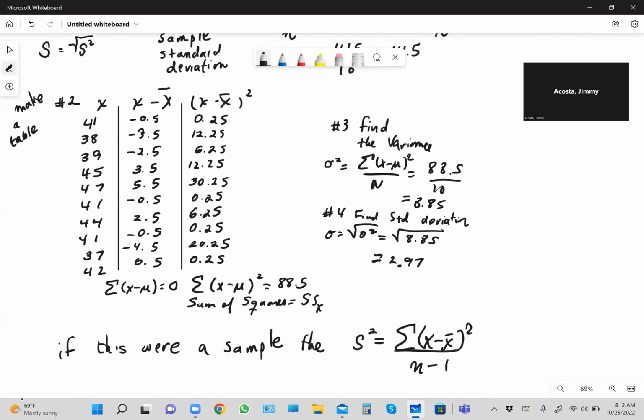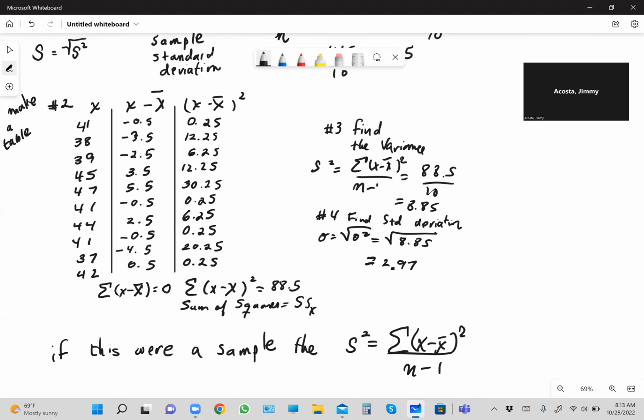When you add it all up, everything stays the same. But now the only part that changes is step number 3. When you do step number 3, this part right here, you're not going to divide by 10, you're going to divide by 9.